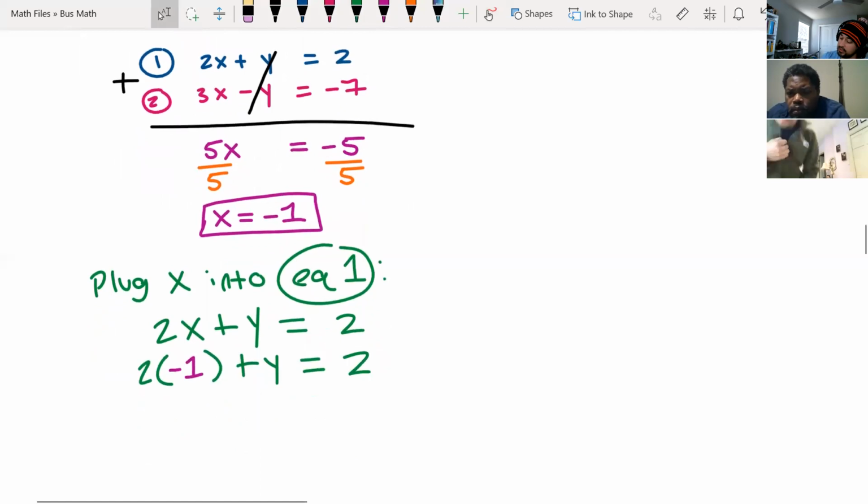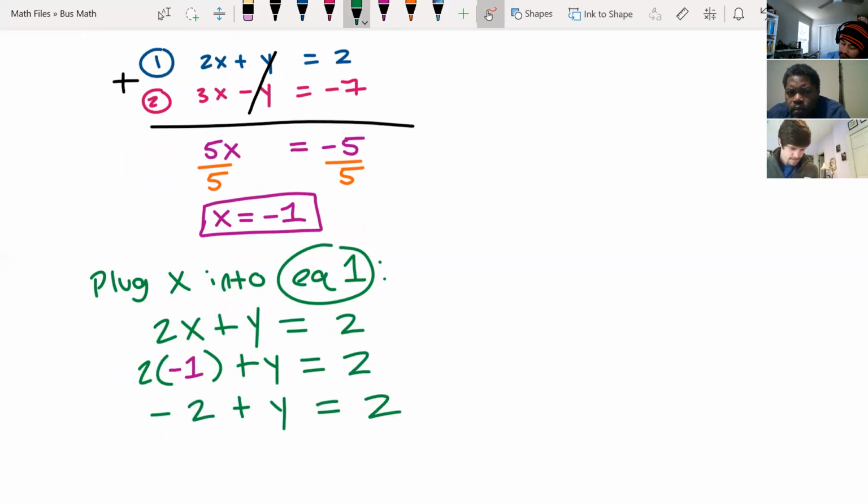And all we have to do here is solve for y. So this will become -2 plus y equal to 2. Add that 2 over. Let's say add 2, add 2.